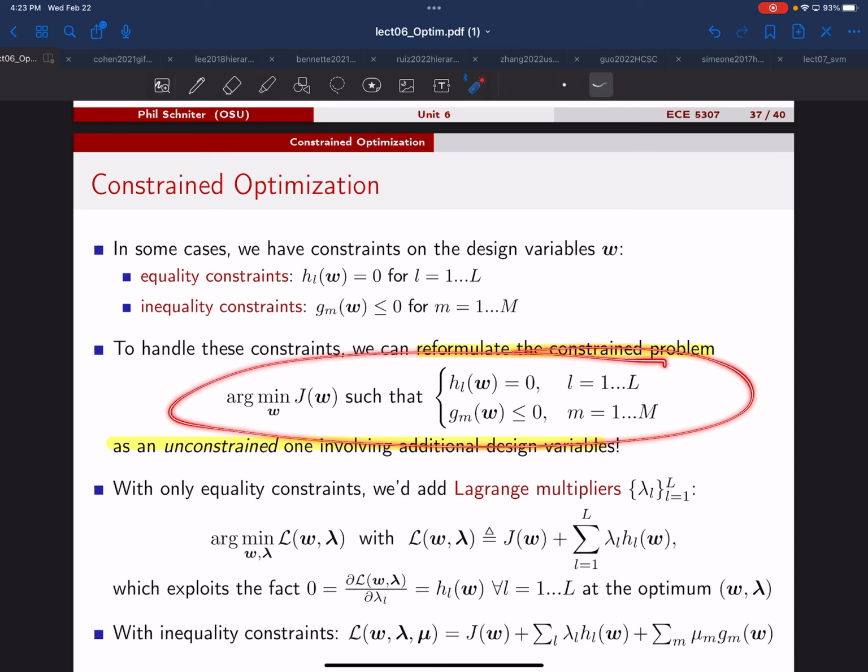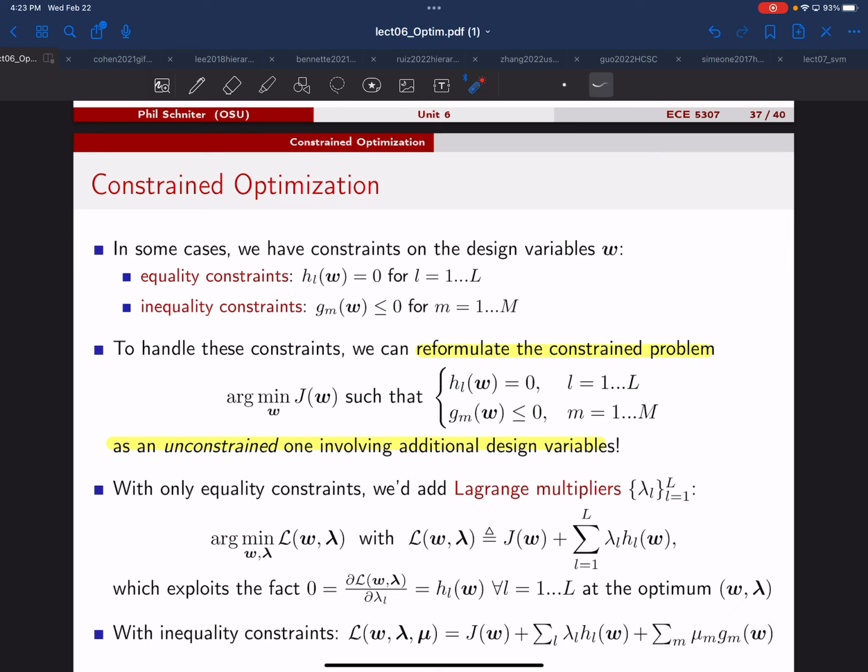We have some cost j, we want to find the minimizer of it. And in addition to minimizing this, we also have to make sure that our equality constraints are obeyed and our inequality constraints are obeyed. So that would maybe be how we first write the optimization problem.